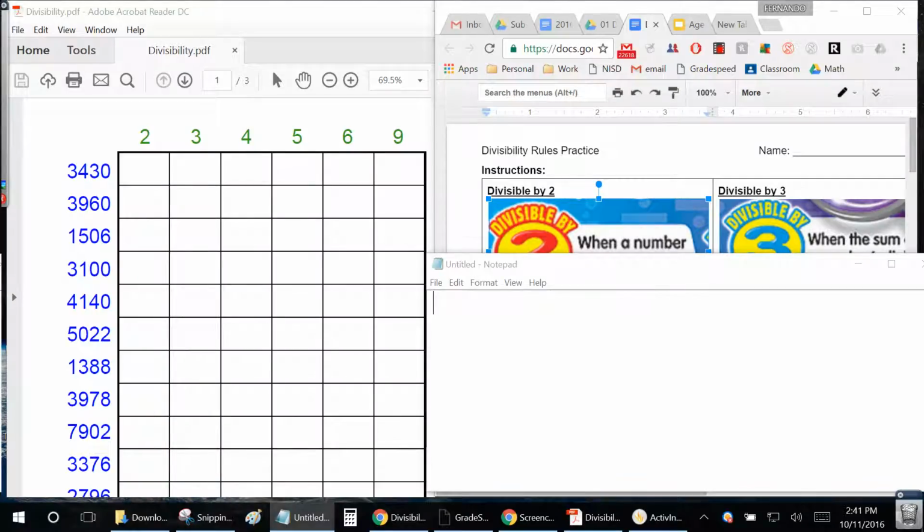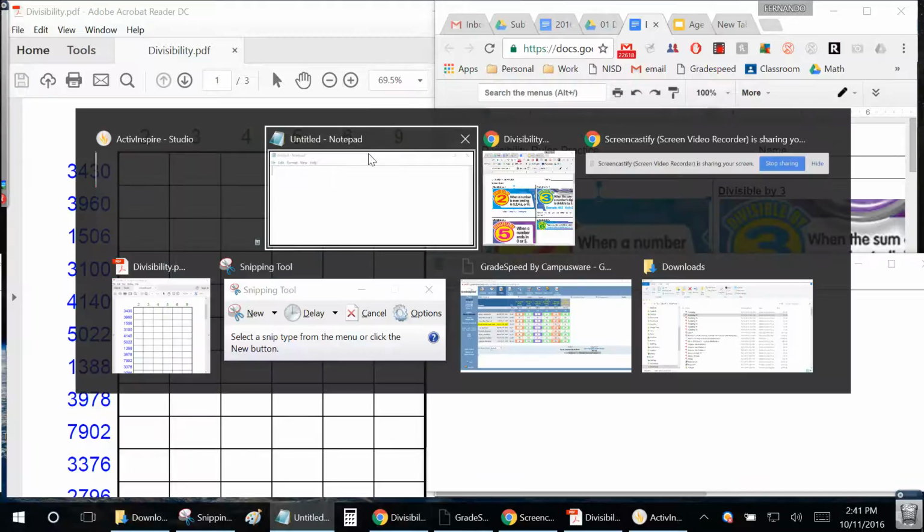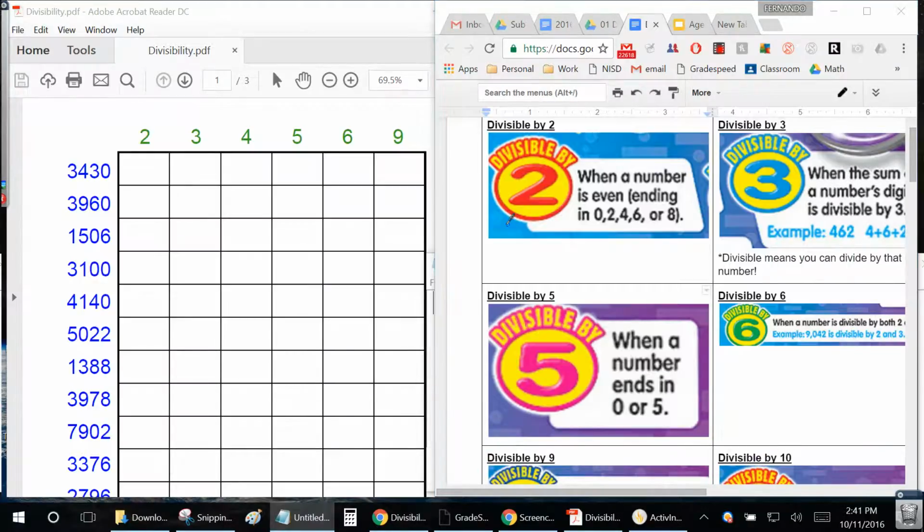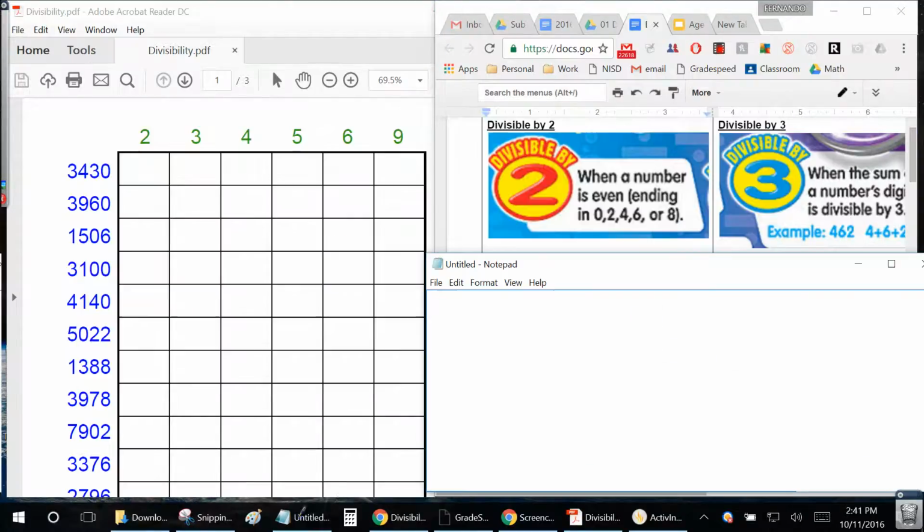For the first problem, divisibility of 2's, we need to read the rule. The rule for divisibility of 2 states that when a number is even, ending in 0, 2, 4, 6, or 8, it is divisible by 2.